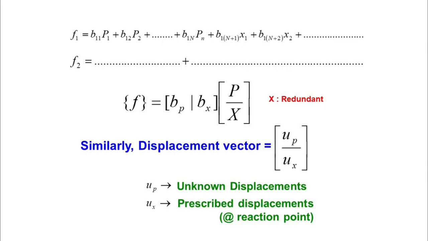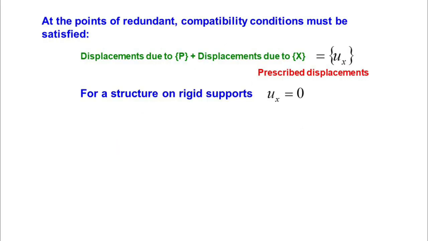So in essence, we now have the internal forces given by a modified expression where we are doing a partitioning of the B matrix, and in addition to the P vector, we are also adding the X vector, just like in the case of the stiffness approach we also had the X vector. Here the X vector will come just below the P vector. In order to solve the resulting system of equations, we have to make use of compatibility conditions.